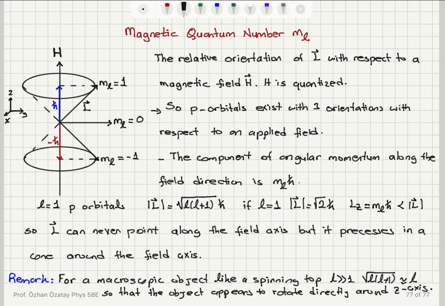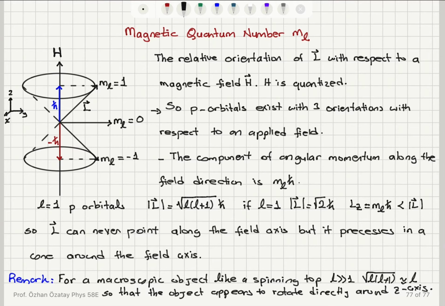In the case of applying a magnetic field, it's along the field direction or on the field axis. This seems to be possible for a macroscopic object because you have a very large quantum number, so that the square root of L times L plus 1 is approximately equal to L.